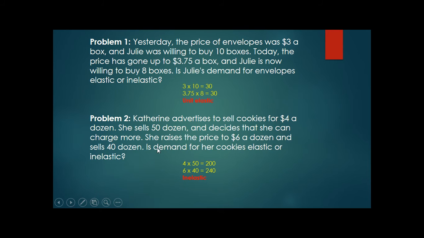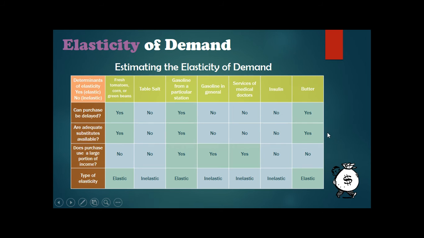But before she does that, she doesn't know how many dozen she's going to sell if she raises her prices. So she's going to have to use this chart to help her determine what the result is going to be. If the answer to the question is yes, it's going to indicate elastic demand. And if the answer is no, it's going to indicate inelastic.